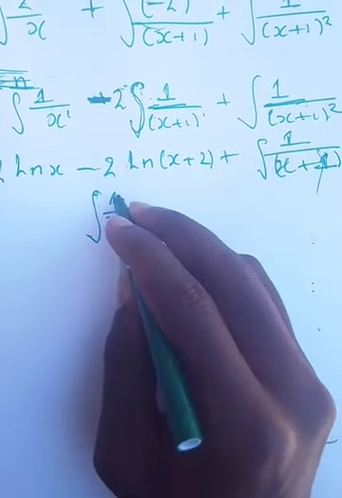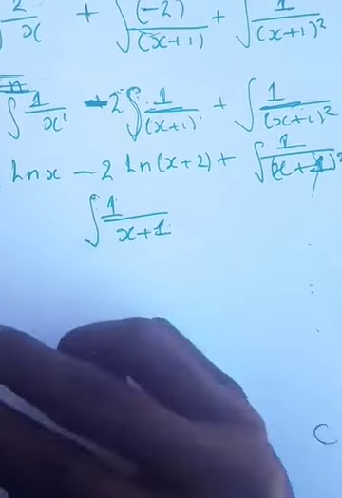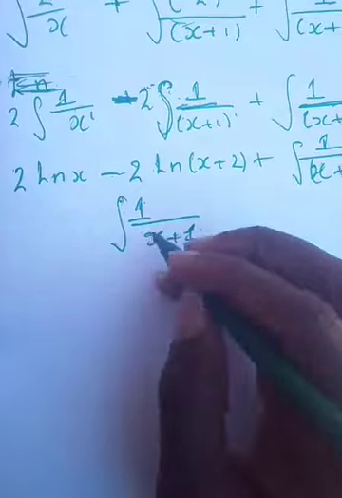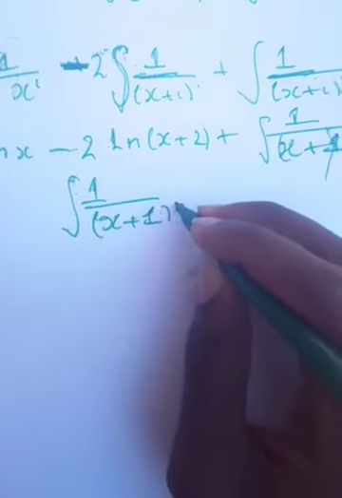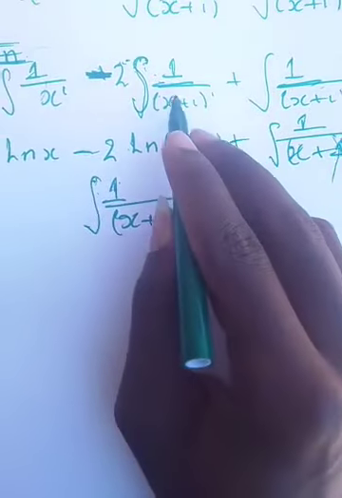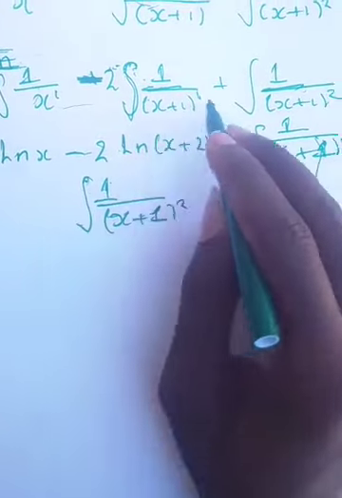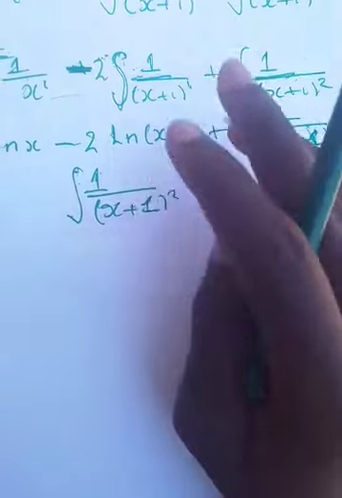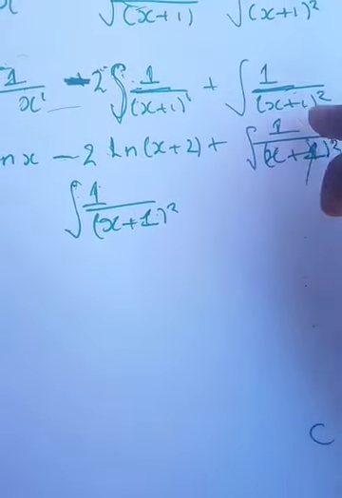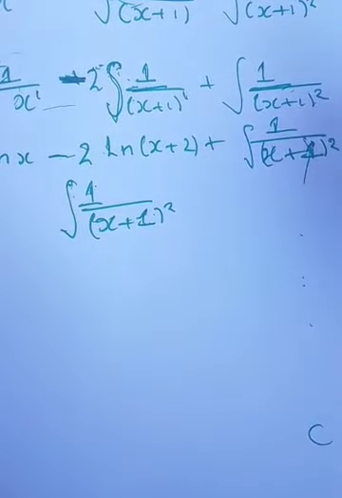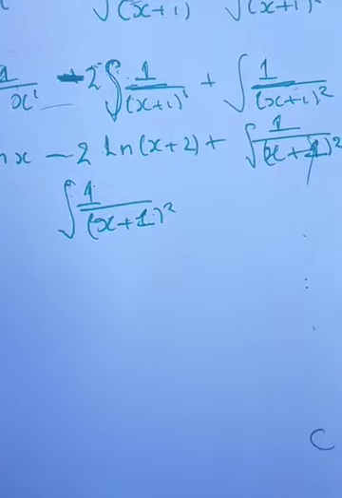Let's not forget, it's raised to the power of 2. Now this is different, because these were raised to the power of 1. Now this one is to the power of 2. So we use a different approach. You use this approach whenever you have a constant on the numerator, and you're also having a binomial or polynomial that's not raised to the power of 1. You do this.